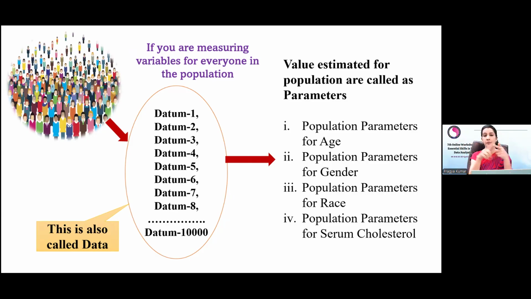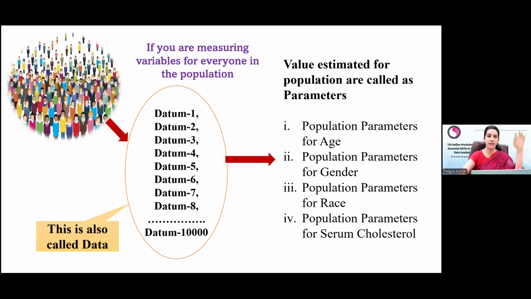So remember P for P. When you have the measurement of the population, that is known as the parameters. And when you have got measurement of the sample, you call it statistics. So S is for S and P is for P. For sample, we use the term statistics, and for population, we use the term parameters.